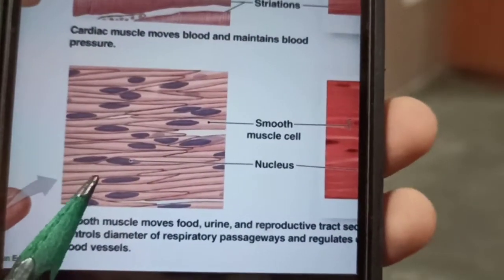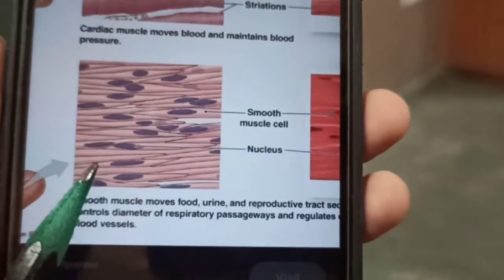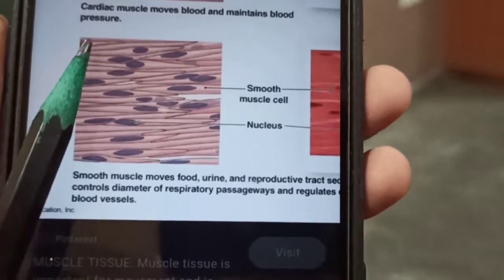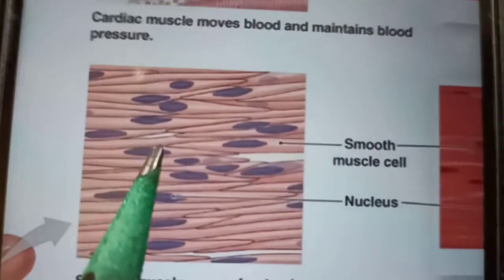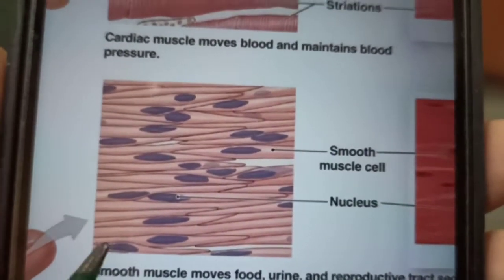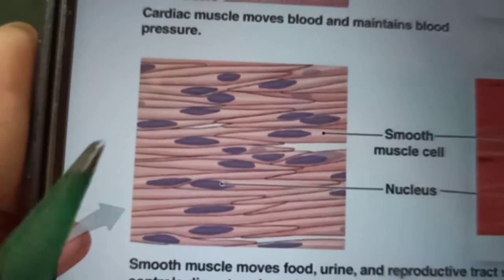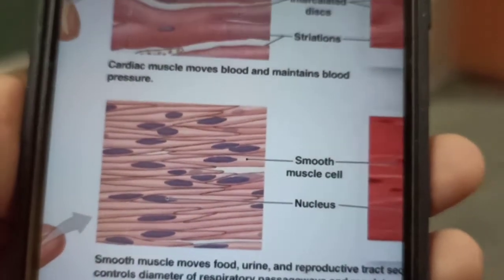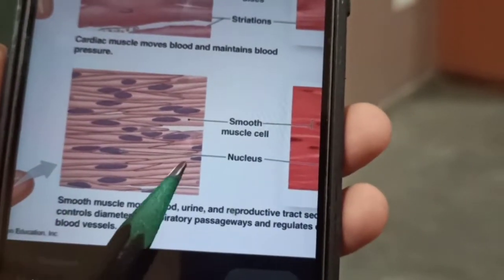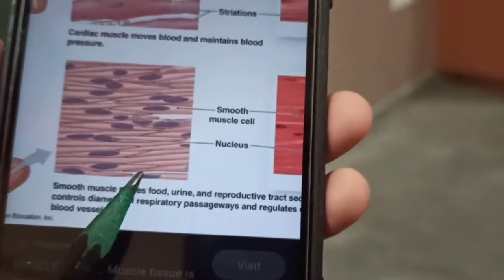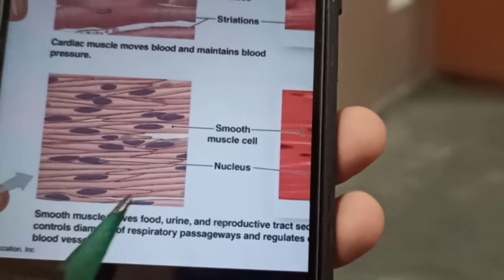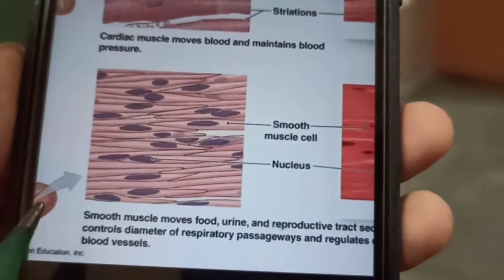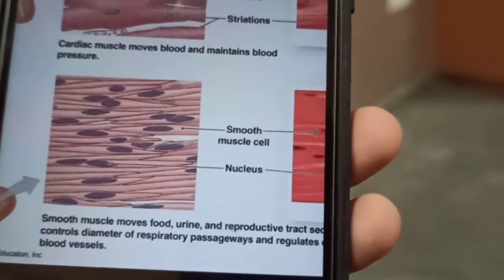Next are involuntary muscles. These are also called smooth muscles because there are no stripes or striations on them. You can't see any striations, right? The striped ones are voluntary muscles and cardiac muscle. Smooth muscles are present in your internal organs such as the stomach, intestine, and the muscles of your iris also.